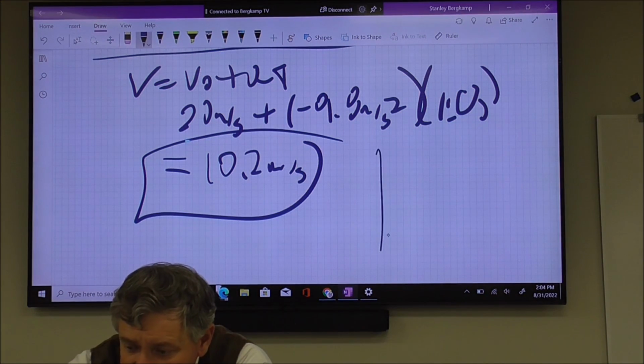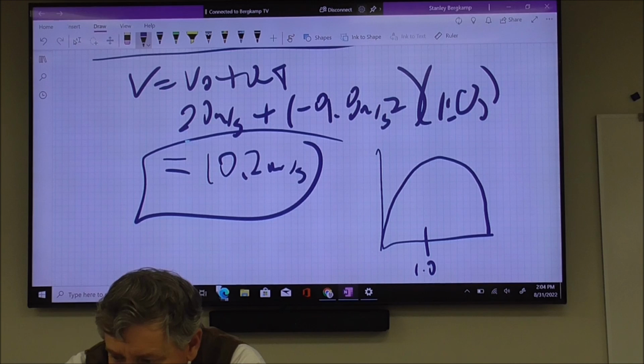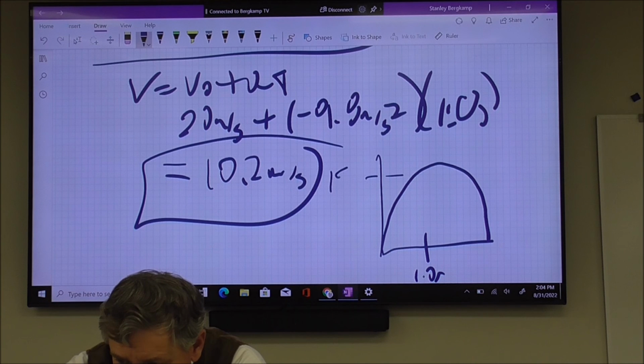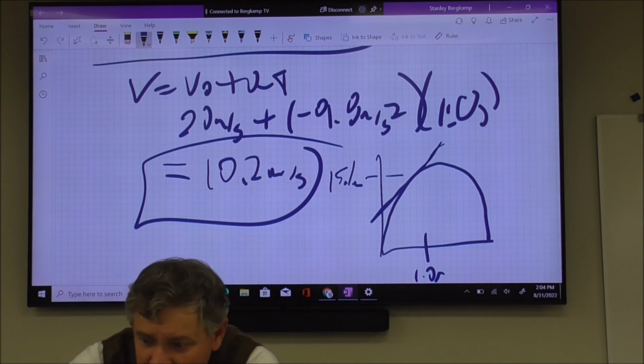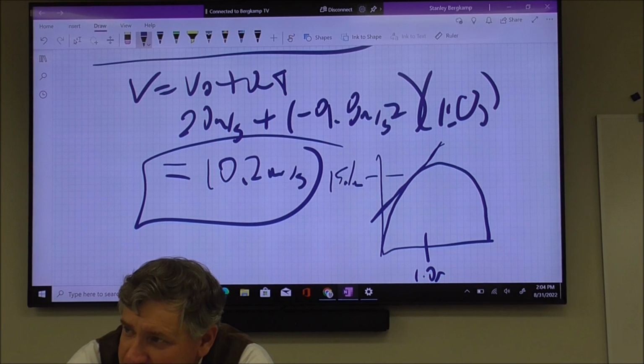Now, this is where this all comes together. If you go back to that parabolic curve, at 1 second, you're at 15.1 meters. True? Yes. Because that's that height. If you were to draw that tangent line, what would the slope of that tangent line be? 10.2 meters per second.